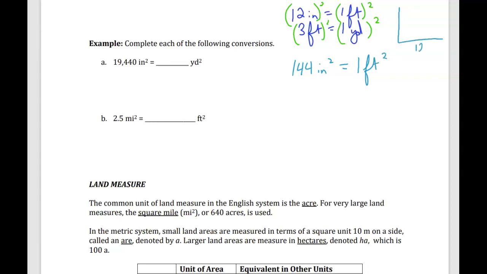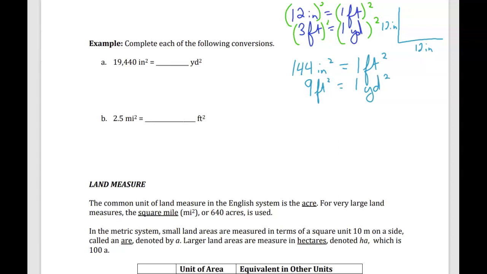Because I have 12 inches and 12 inches, that equals a foot times a foot. 12 times 12 gives me 144. 3 squared is 9 feet squared is equal to 1 yard squared.